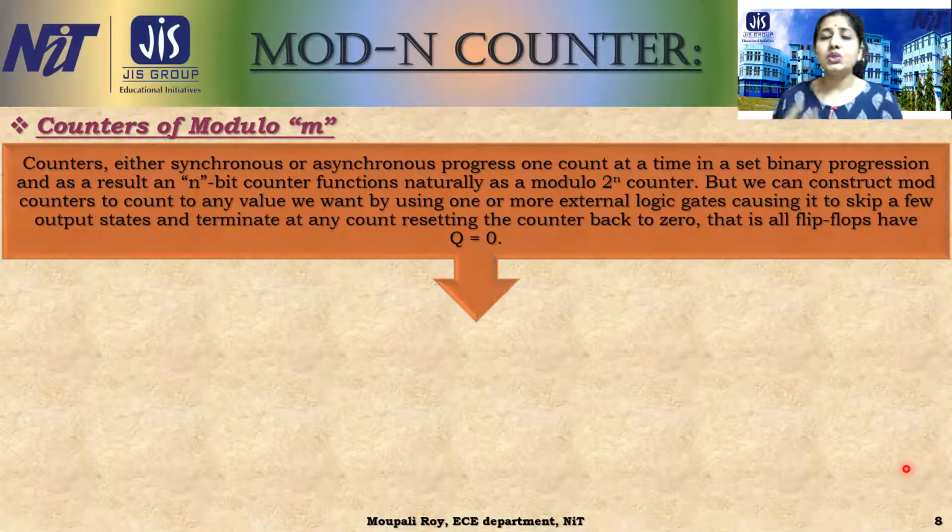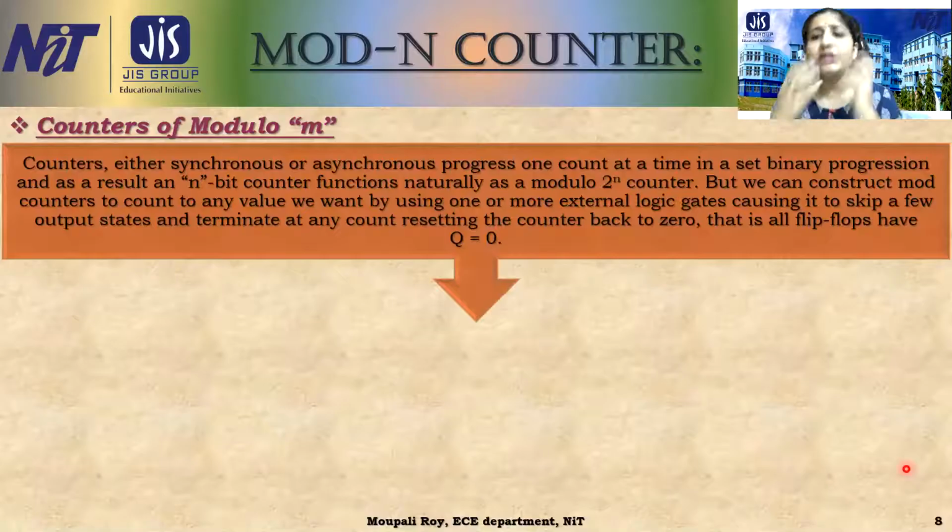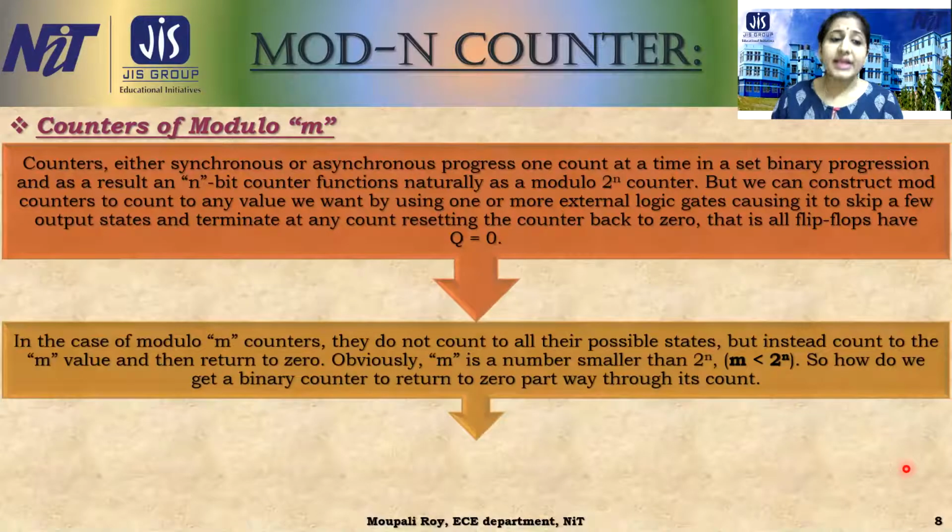If we want to count not in 2 to the power n form, then what to do? In that case, the modulo m counter does not count all its possible states, but instead, after counting up to this m value, we return to 0. That means if we want to count 5 numbers, that means we want to count 0 1 2 3 4, up to 4 we want to count.